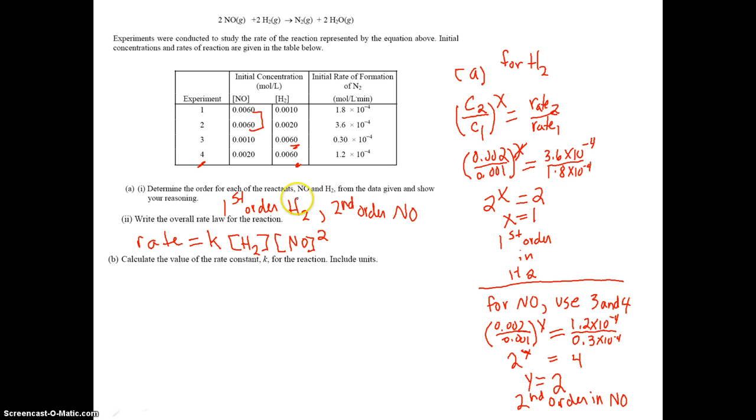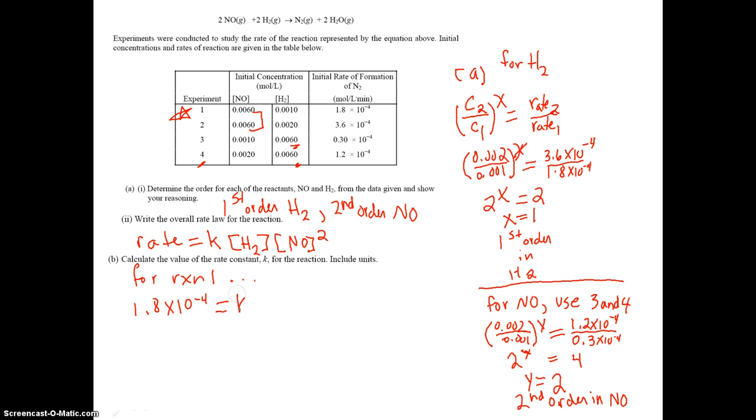So that's easy enough. Then it wants me to calculate the value of the rate constant. Well, at this point, I just select one set of the data and use it. How about we just use reaction number 1? That's easy enough. So for reaction 1, the rate that I have is 1.8 times 10 to the negative 4.